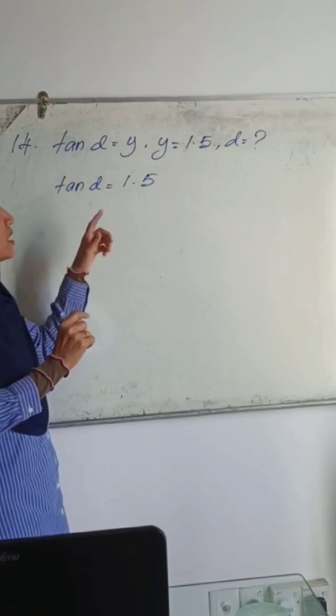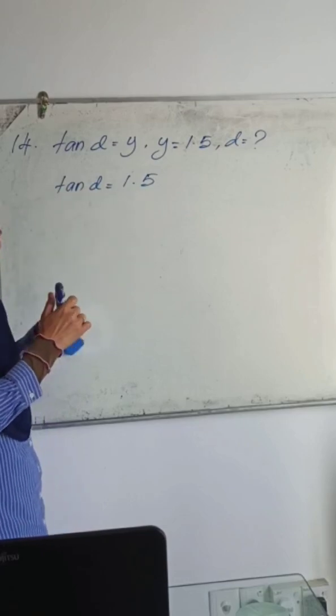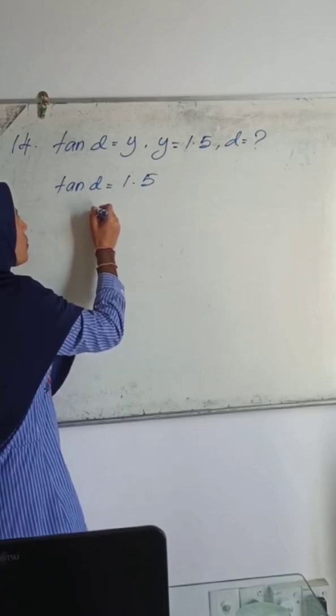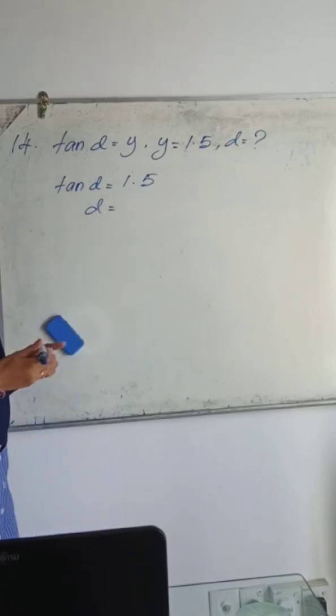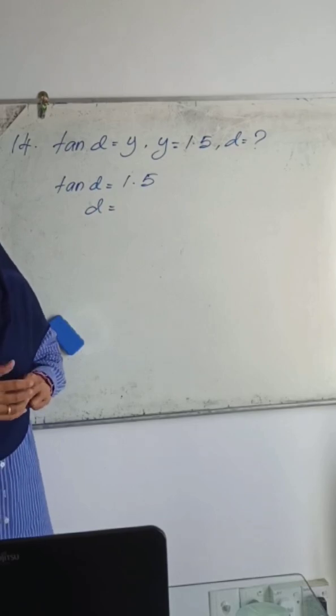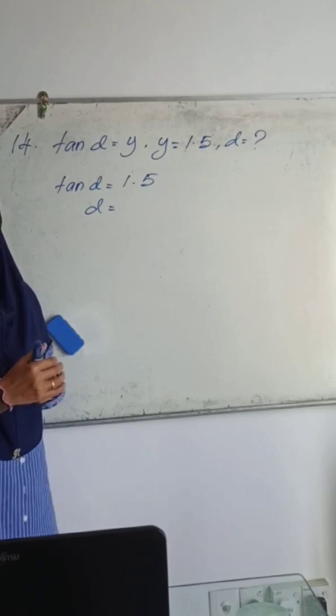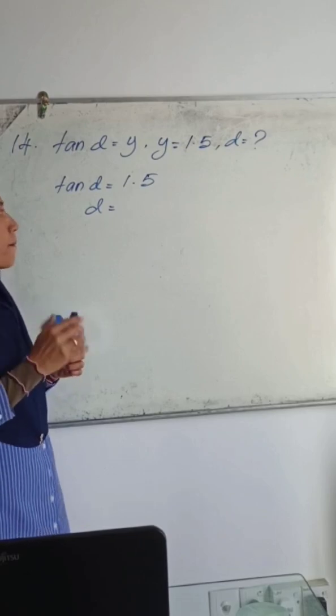Shift tangent 1.5. So, you can get the value of d. When you give your answer in degrees, you can round off to 2 decimal places.